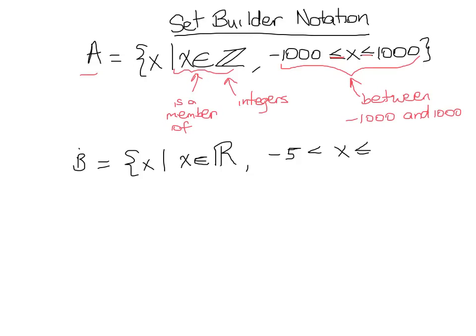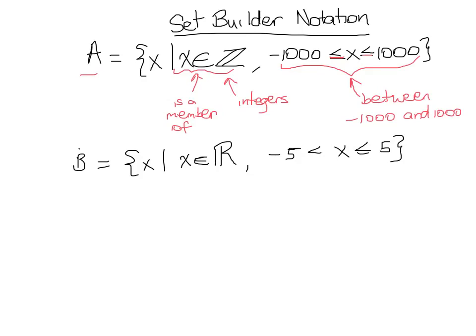And for a little variety's sake, let's have one sign less than and the other sign less than or equal to. In this case, real numbers between negative 5 and 5. Well, as you may recall, real numbers are all numbers on the number line, which means that it would include 0, 0.1, 0.111, 0.111111, and there are infinitely many numbers between any two values.